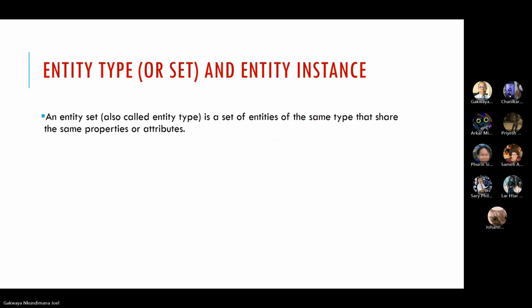Next. Now we have the entity type. It can also be known as a group of objects with the same property. Clear now? What is an object? An object is an entity, right? So when they share the same property, put it in parentheses as well.